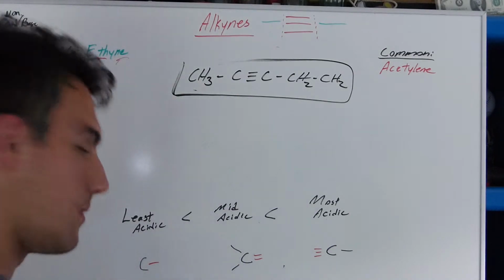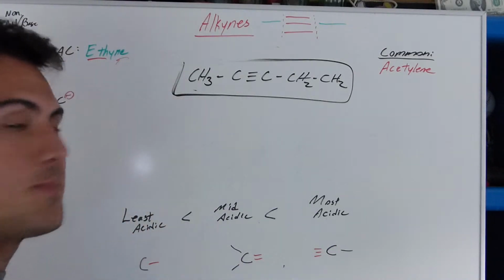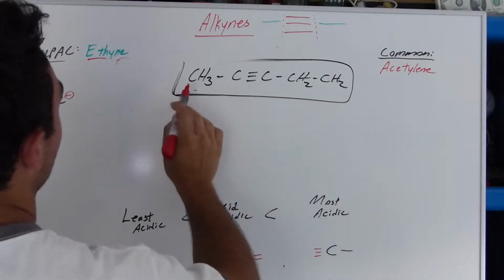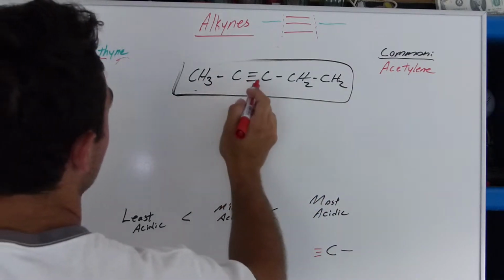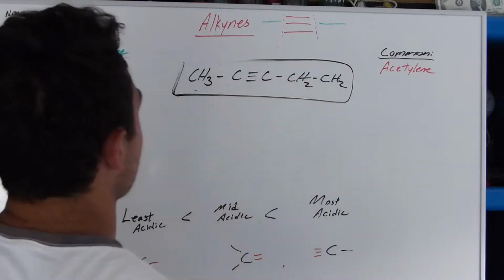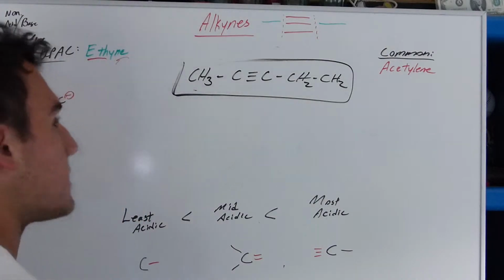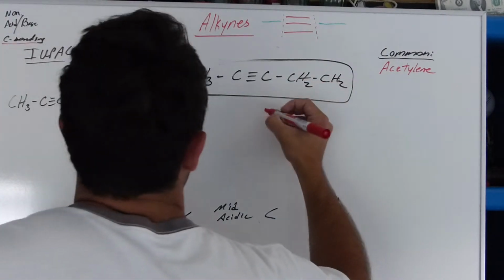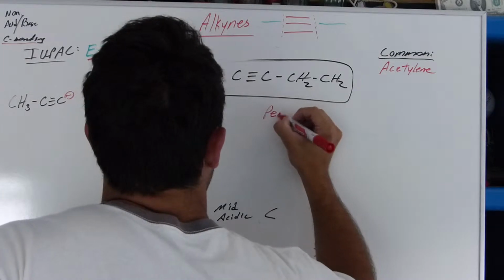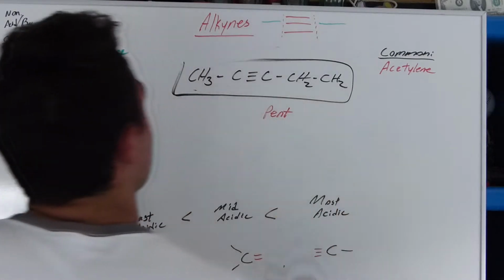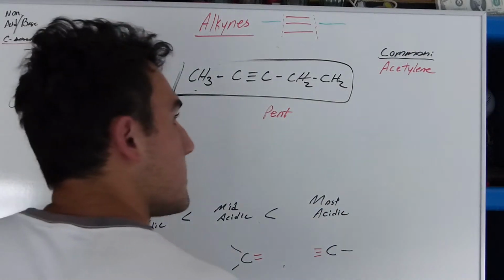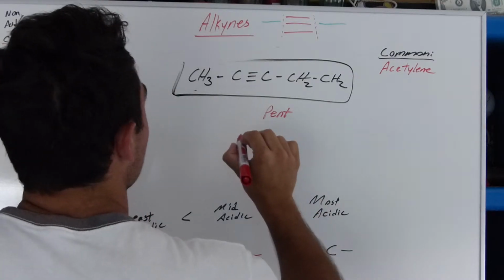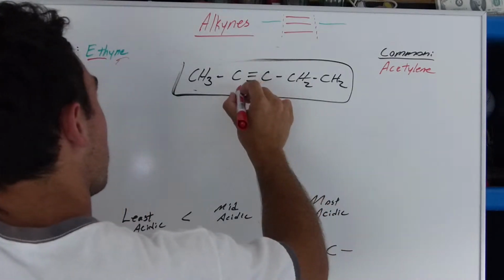Alright, well, I'll do this with you. So what do we have here? We have how many carbons? 1, 2, 3, 4, 5. 5 carbons. So what does the IUPAC say? Well, we know it's pent, for 5, like a pentagon. So now, oh wait, there's a triple bond.